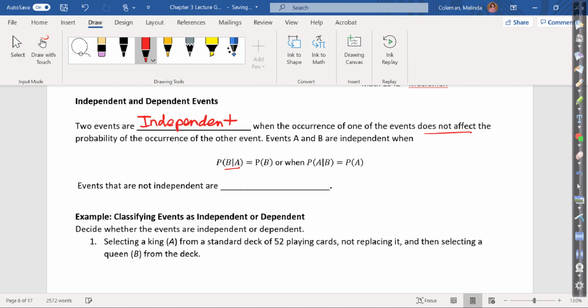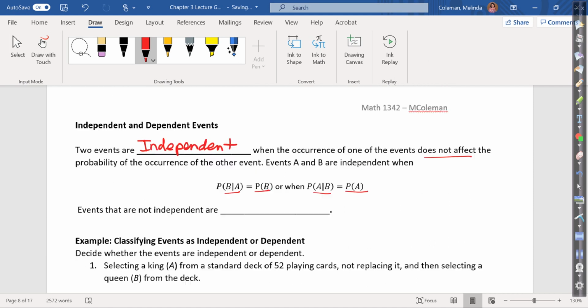It doesn't affect the others. When the probability of A given B is also just the probability of A. So depending on how you word these, the probability of B does not depend on A, and the probability of A does not depend on B.